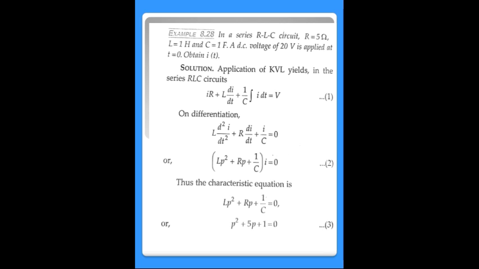Thus the characteristic equation is L p² plus R p plus 1/C is equal to 0. Simplifying, p² plus 5p plus 1 is equal to 0.